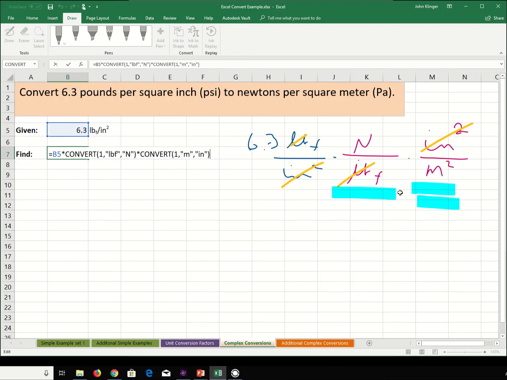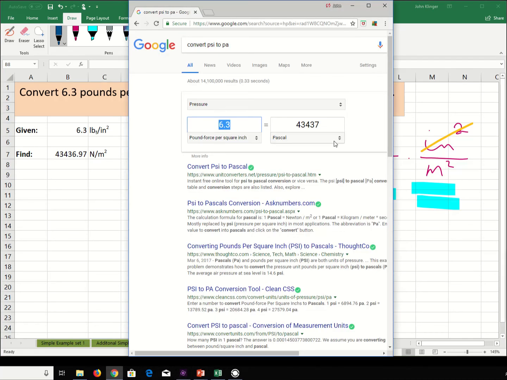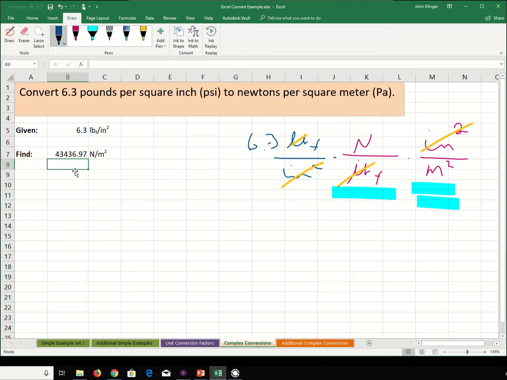So use the caret above the 6, and I square it. Now you see I have the same value in my convert. Okay, that's the same. So you can check your answers using the Google Convert. It's very handy to use. Okay, so there's our result there.